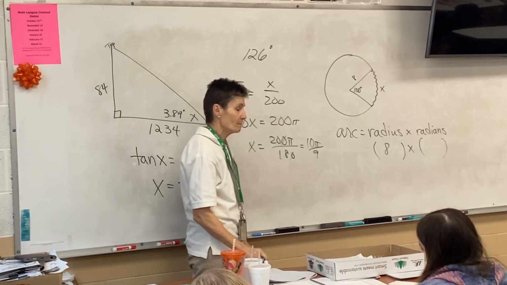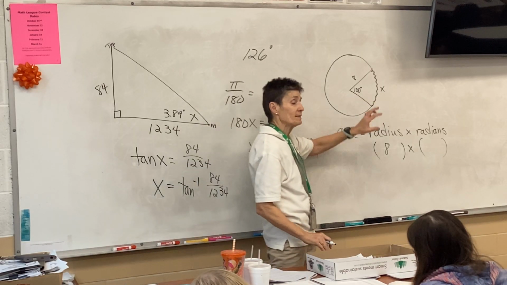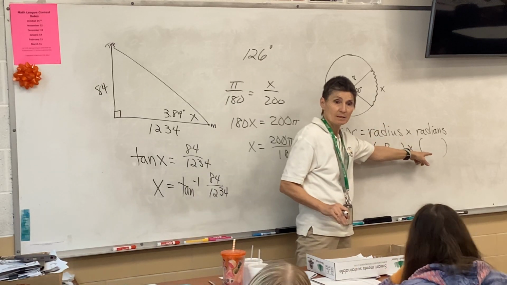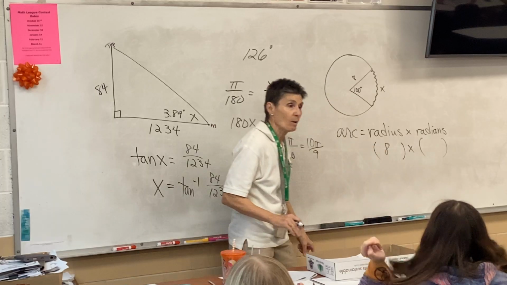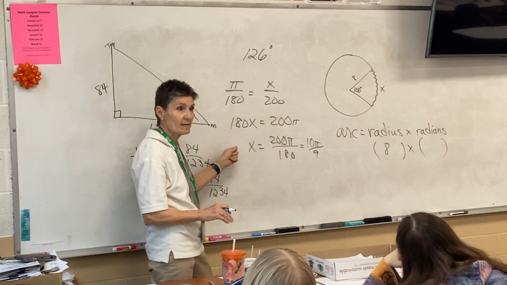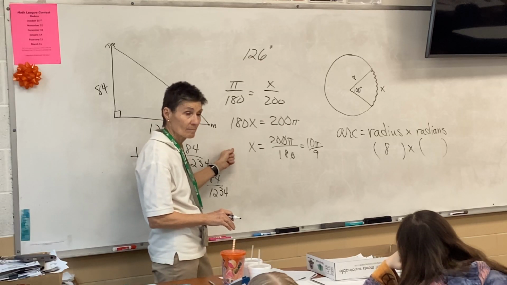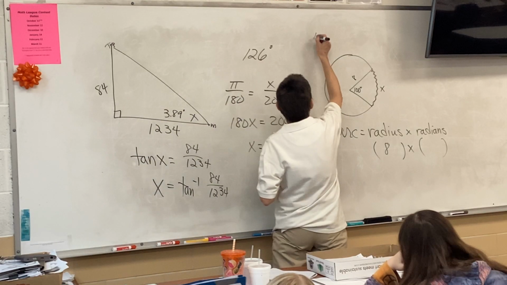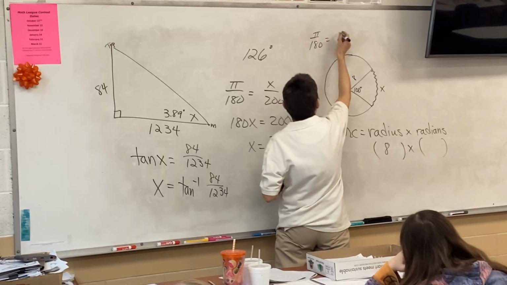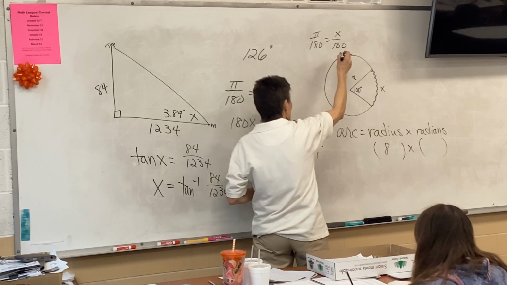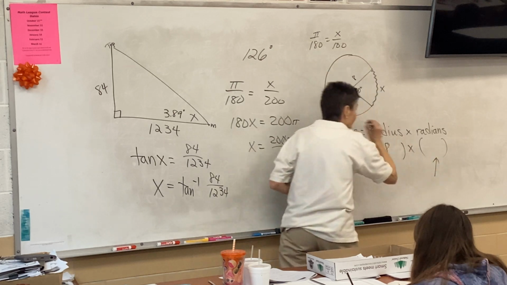Now, the problem is, I've got my angle, but the angle is in degrees, and it needs to be in radians. So I'm gonna do what I just did right here, only I'm gonna do it with 100 degrees. I'm gonna do pi is to 180, as something is to 100. I'm gonna figure out what that is, and then that number is gonna go right here.